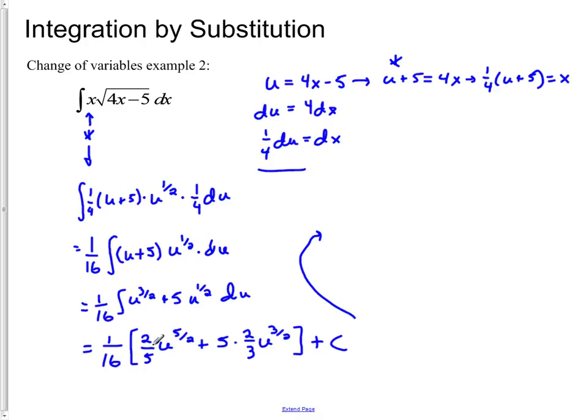And so the rest of this is all a bit of simplification. If we multiply through, of course, 1/16 times 2/5 is going to be the same thing as 1/40.